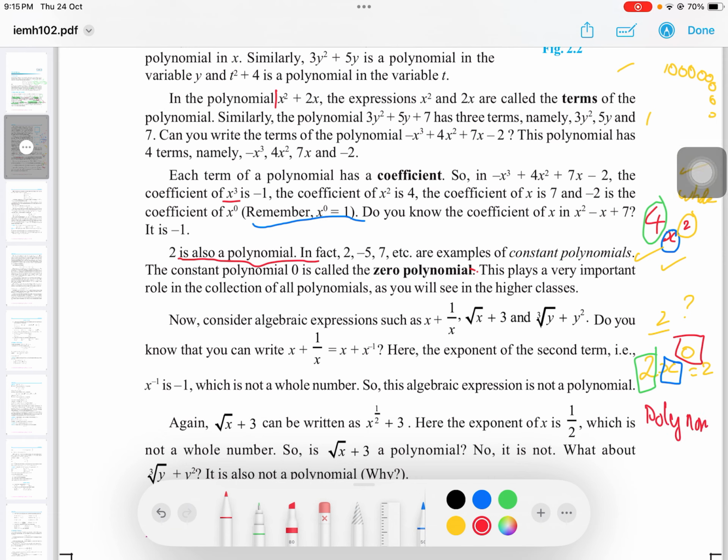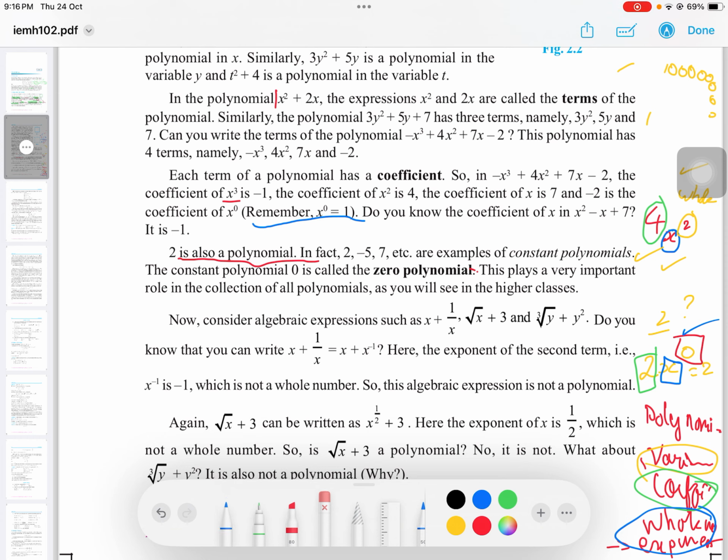A polynomial has a variable, coefficient, and a whole number as the exponent. So it should have a variable, it should have a coefficient and a whole number as the exponent. It does satisfy. Okay, how fascinating this is, huh?